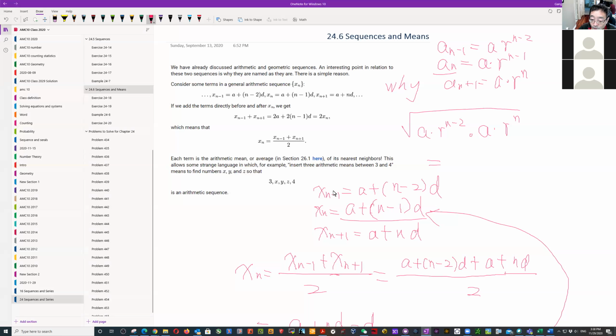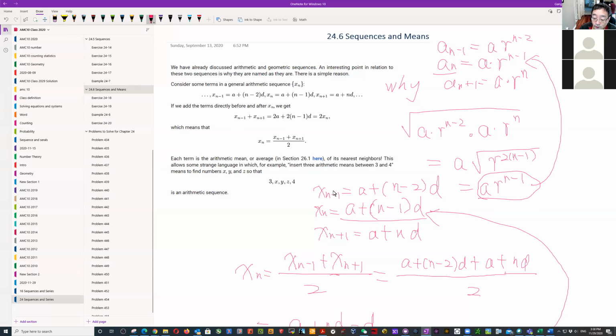And this, we have a squared, which is just a. And this is r to the power of n minus 2 plus n, which is 2n minus 2. The square root just halves this, so a r to the n minus 1, which is just equal to this.